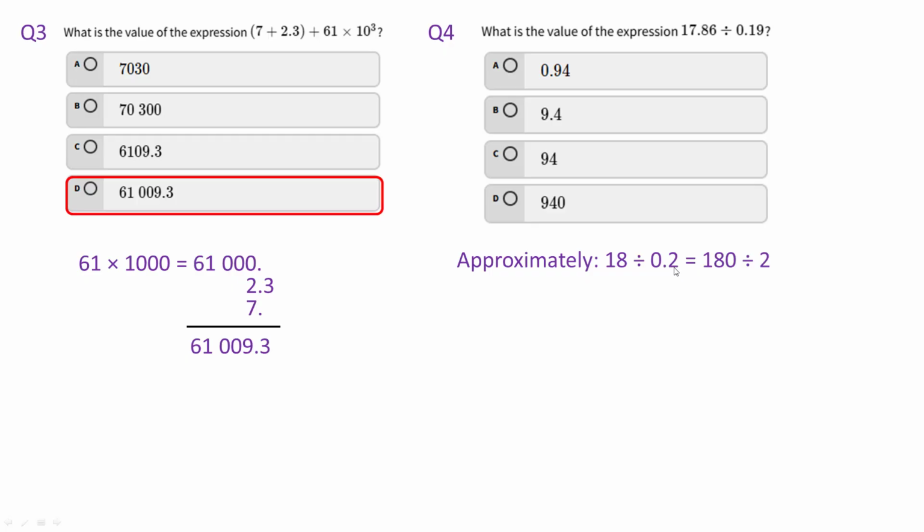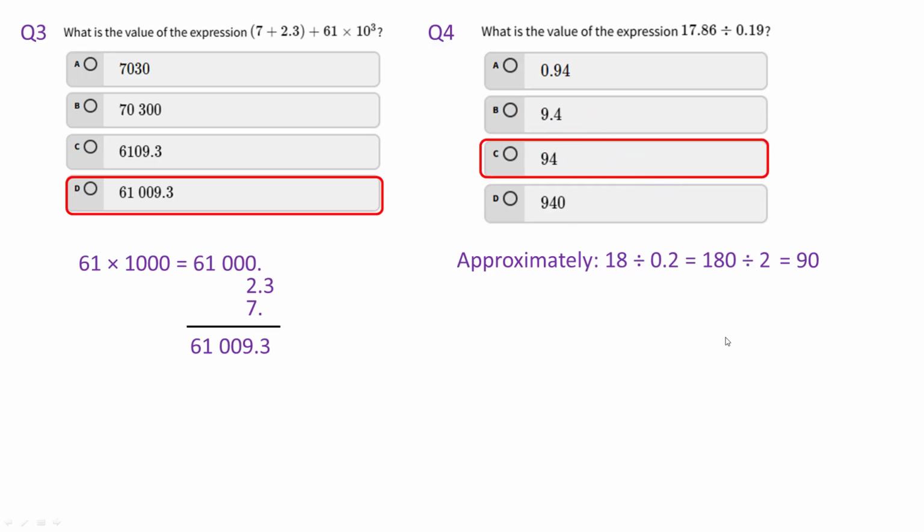So there's 1 decimal here, so I'm going to move it over to make that 2. Then the 18, I'm going to move it over, which makes that 180. So this is really about the same as 180 divided by 2, which is approximately 90. So this is the only answer remotely close to 90. So answer C should be the correct answer.